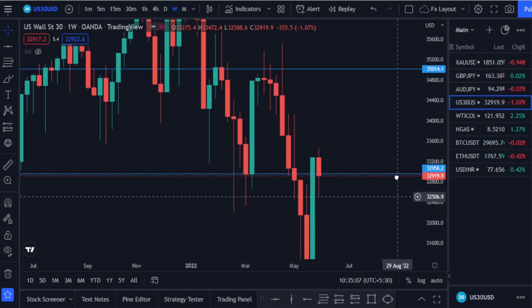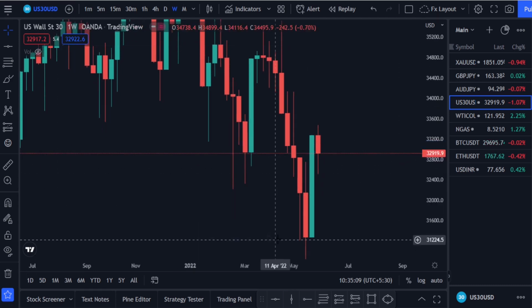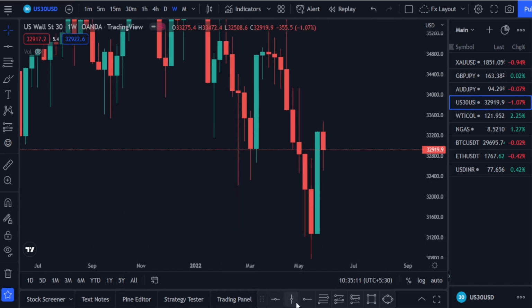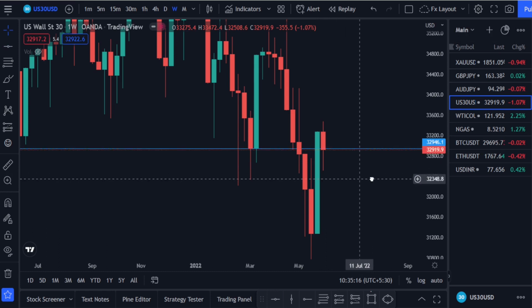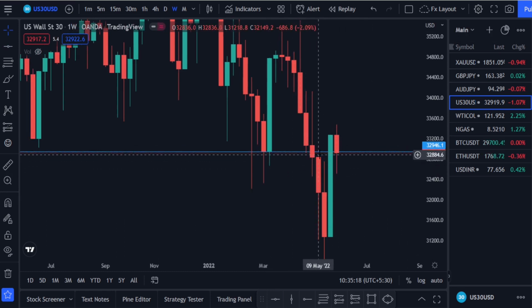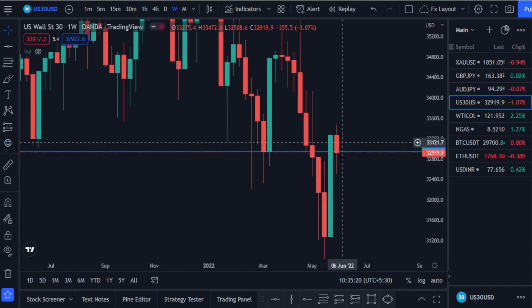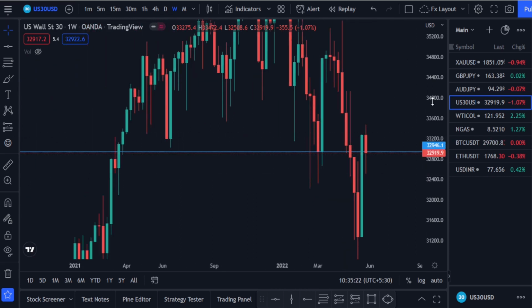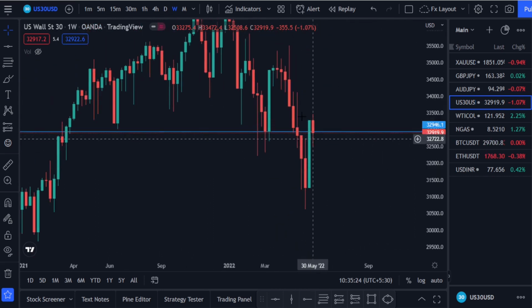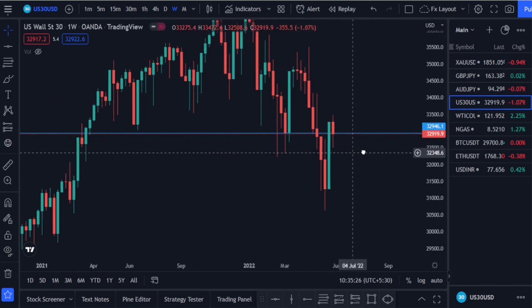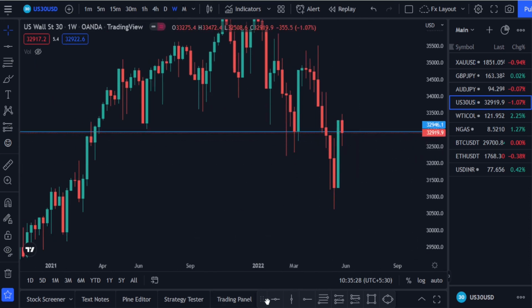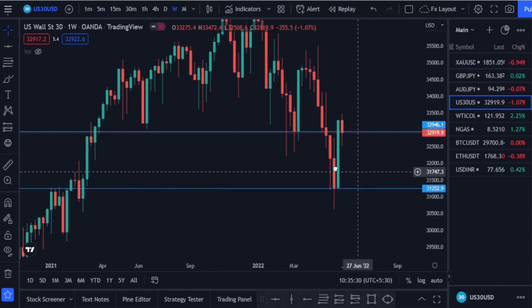Now what we see is that we have a bearish candle closure at this area. This is the support or resistance zone. Price closed back into the range, and now we have another bearish candle closure. So what are we expecting now? As we know, the previous weekly candle doesn't have a top wick, so the price can move down as well.